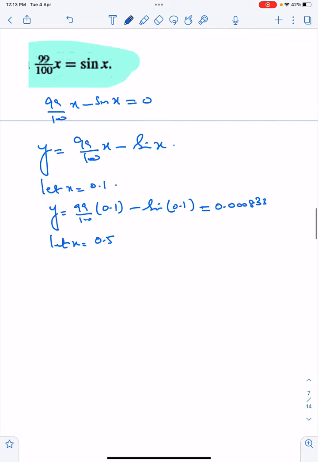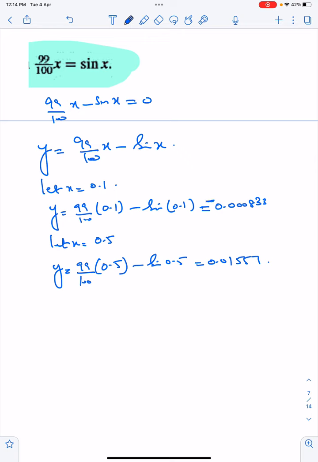So y equals 99 upon 100 into 0.5 minus sine of 0.5. Let's see what we get now. It's 0.01557. The previous answer was negative, and this is positive.